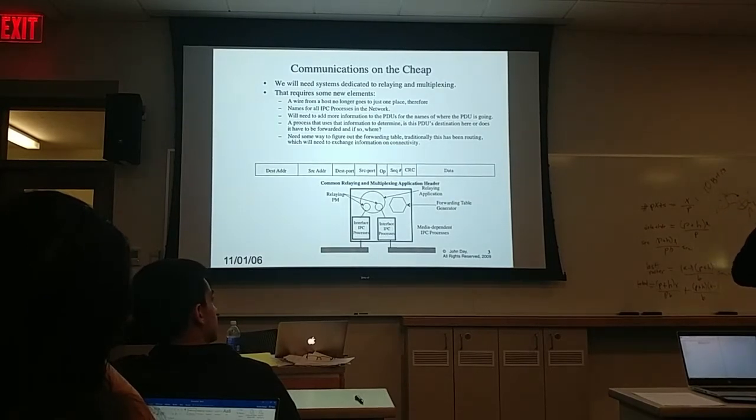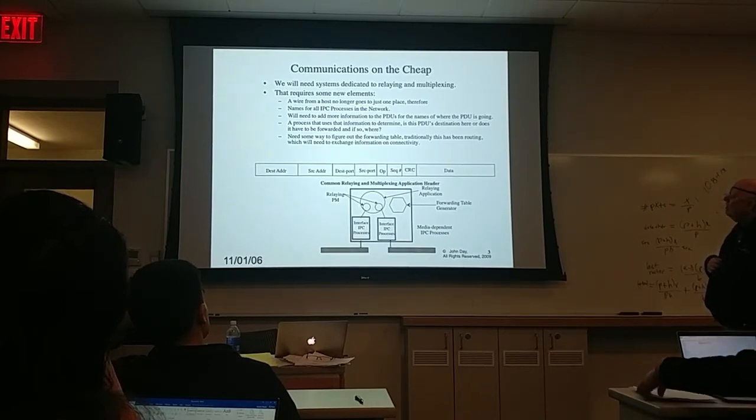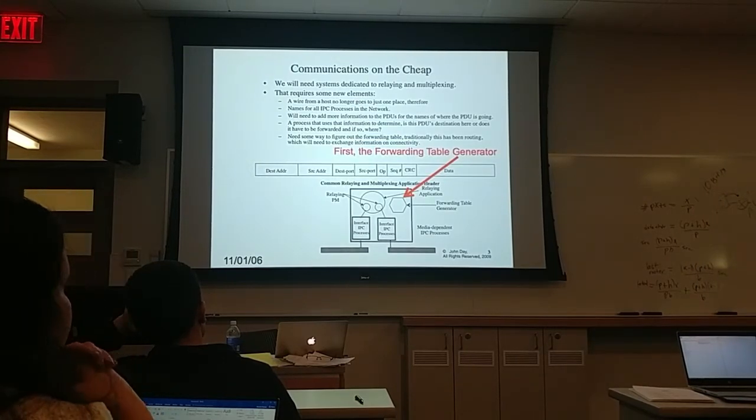And if it goes somewhere else, which port of mine does it go out on? So we'll need names for all those, and we'll have to put addresses on the front of our packet now. It keeps getting longer.